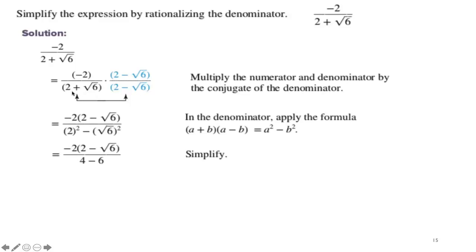And so, for example, 2 times 2, that's 2 squared, and then root 6 times negative root 6 will give you a minus 6 here. So 4 minus 6 is at the bottom. Notice the radical is gone. And then the top, I'll leave it, we can't do very much. And then I can simplify the bottom, for example, to become negative 2 here. I can cancel these negative 2s, and then I have the final term.